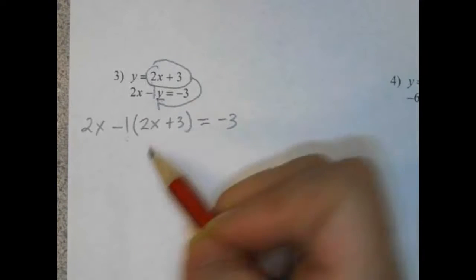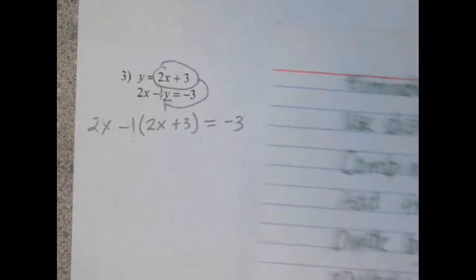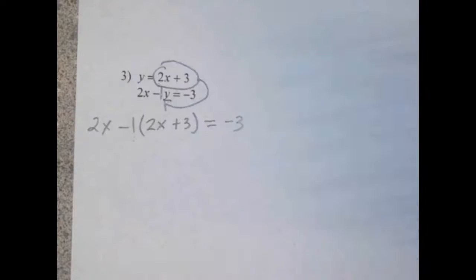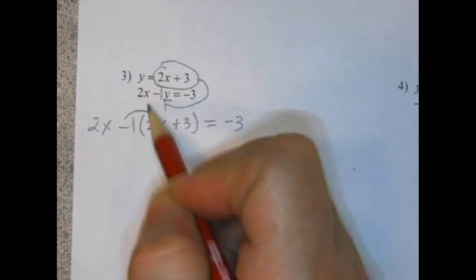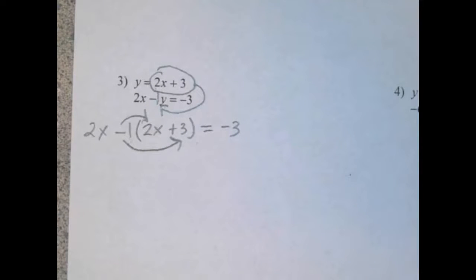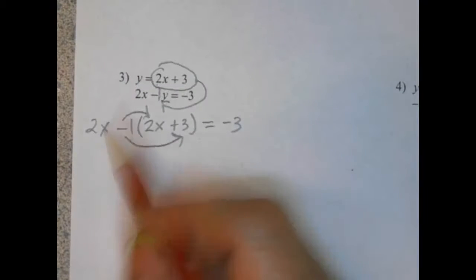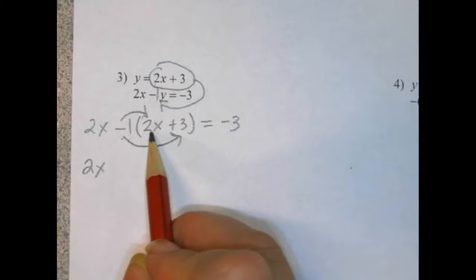Okay, so then I'm going to follow my steps, right? I have to eliminate parentheses, and I'm going to use the distributive property to do that. So I'm going to multiply negative 1 times 2x and negative 1 times a positive 3. I'm going to bring down my 2x.